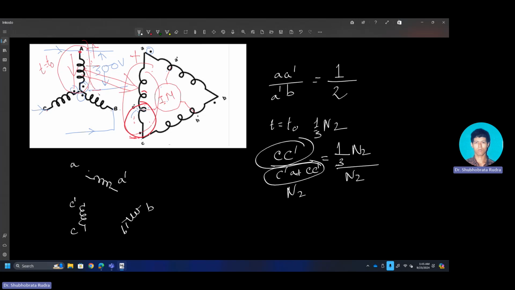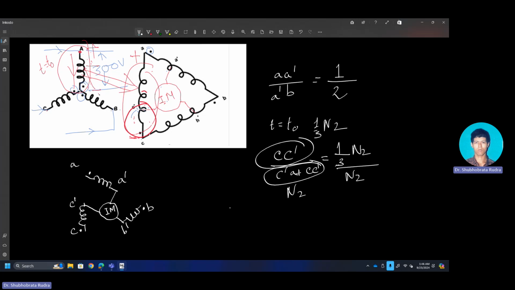What you have? Here a dot, here a dot, and here a dot. And how the induction motor is connected? This is my induction motor.